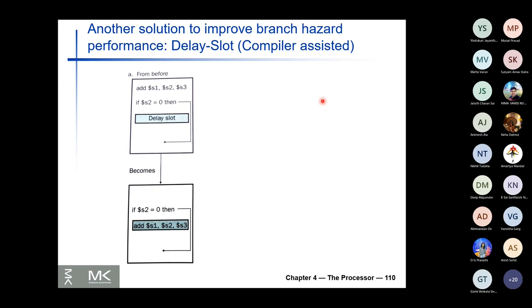Similarly here, as you can see, in branch, even if you predict and even if you have that additional hardware for computing the branch address earlier in the pipeline, still one stall is inevitable, right?